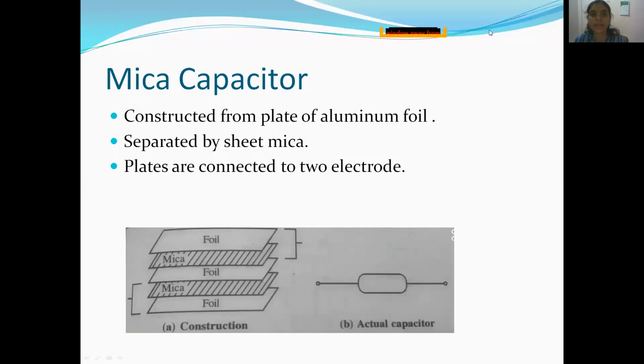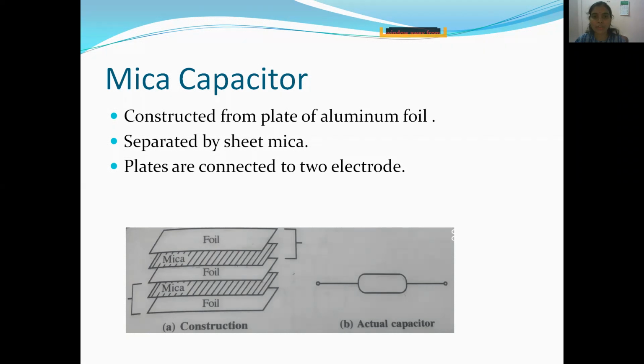The stacked mica capacitors are made of thin mica sheets arranged one over another, and each mica sheet is separated by thin metal foil or sheet of copper or aluminium.